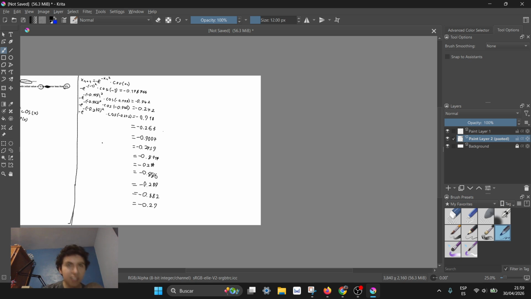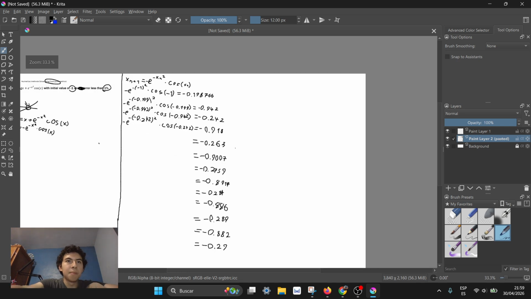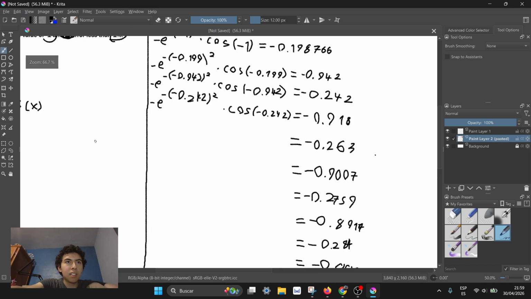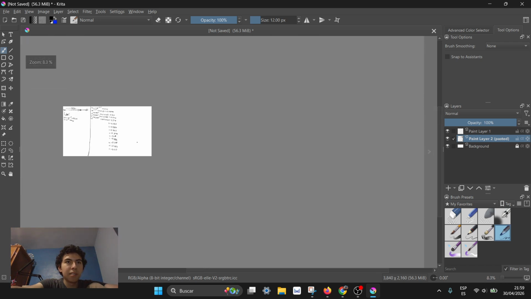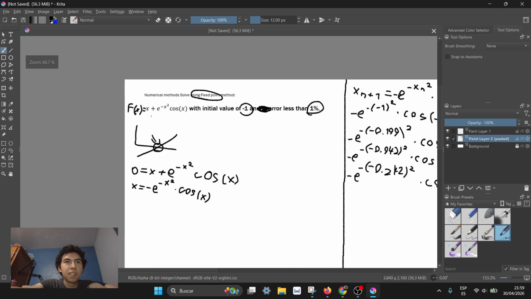It just keeps oscillating between close to 0.8988 and 0.3. So that's a bummer. It keeps oscillating. How do I solve this?